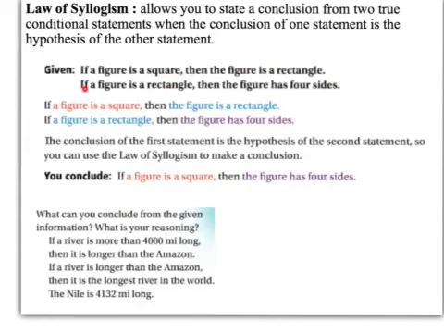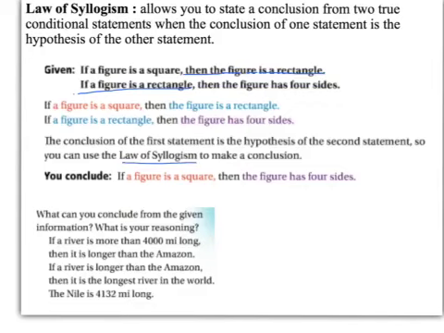And then you're given, if a figure is a rectangle, then the figure has four sides. Well, you'll notice that the figure is a rectangle is stated as the conclusion of the first statement and the hypothesis of the second statement. Therefore, you can use the law of syllogism to make your conclusion.